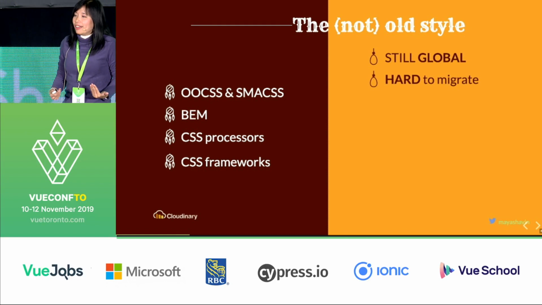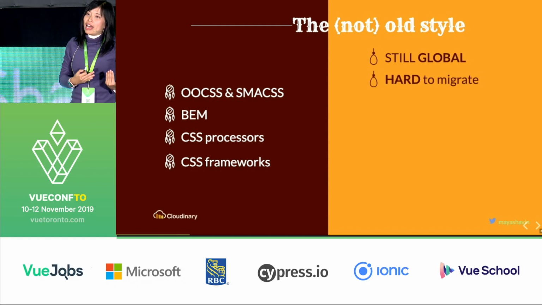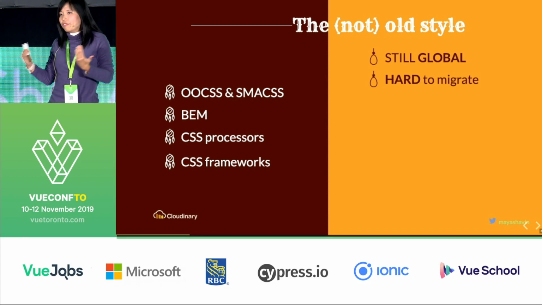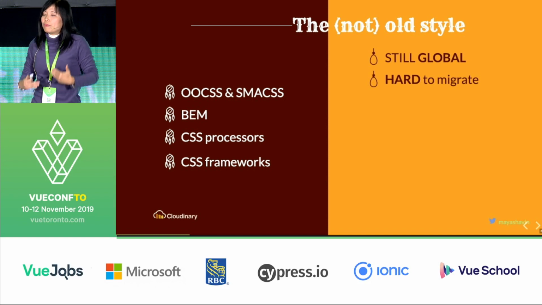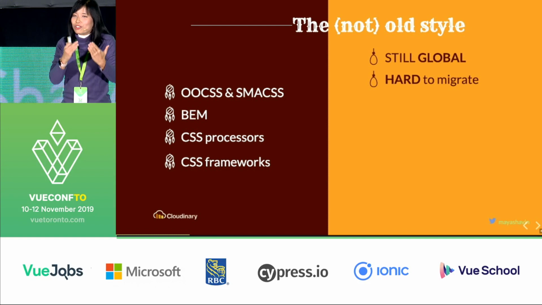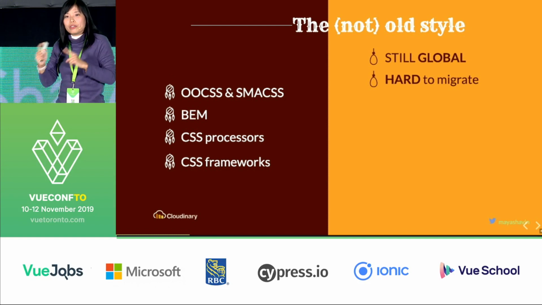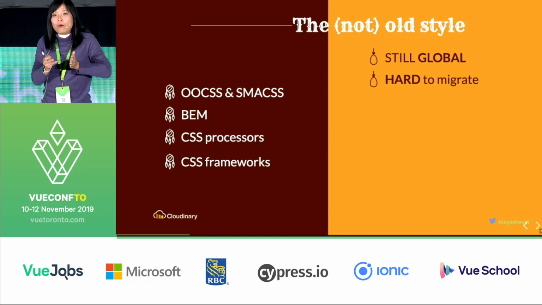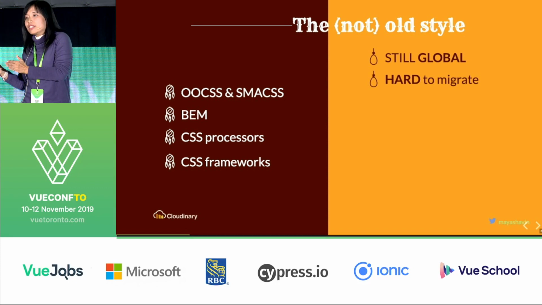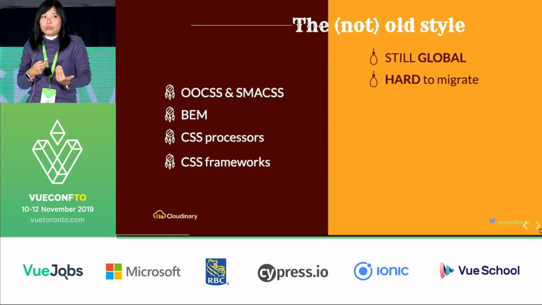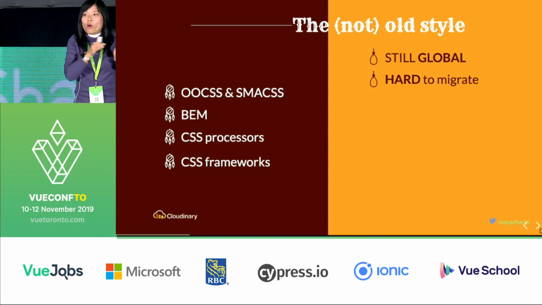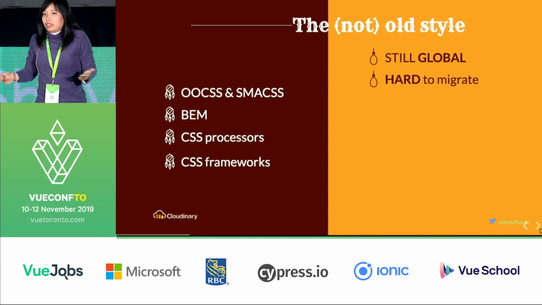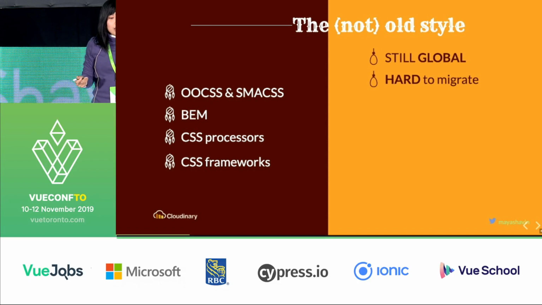It's hard to migrate. Think about if you're using a component library, for example Vuetify or something, and you want to migrate to a different component library, you technically have to go over your code trying to change the syntax of the components to the new one, because each component goes according to a certain syntax. So it's very hard to migrate. Or SCSS has its own standard, so it's not that easy.